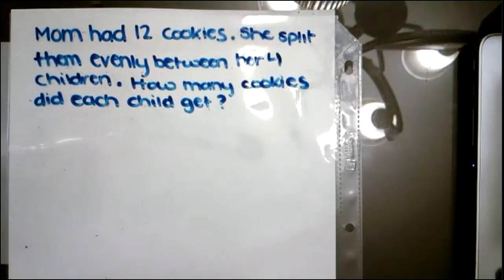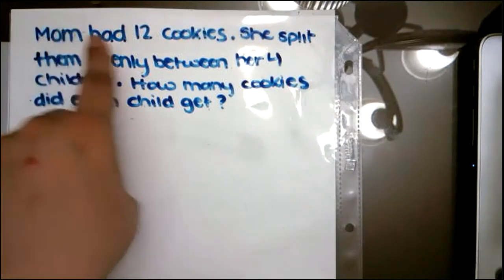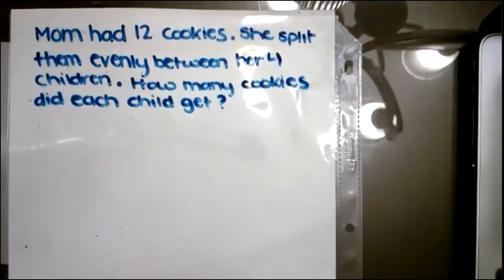I'm going to read our word problem again. Mom had 12 cookies. She split them evenly between her 4 children. How many cookies did each child get? What information do we know from just reading the word problem?